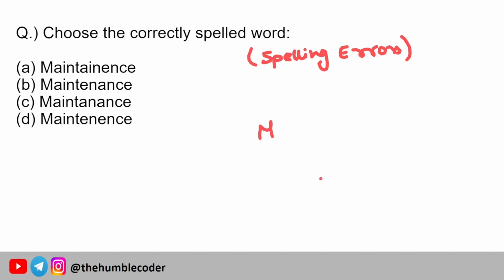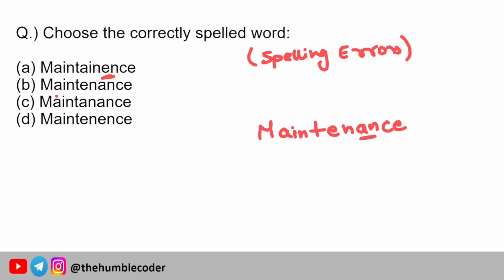which we already have in our mind. So before even seeing the options, try to write the spelling that you have in your mind and see if any option matches. If you are confident that the spelling you know is correct, make sure to select that option. In this one the E is there. In my one I have written A, and I am pretty sure this is the correct one, so I will look for this option.